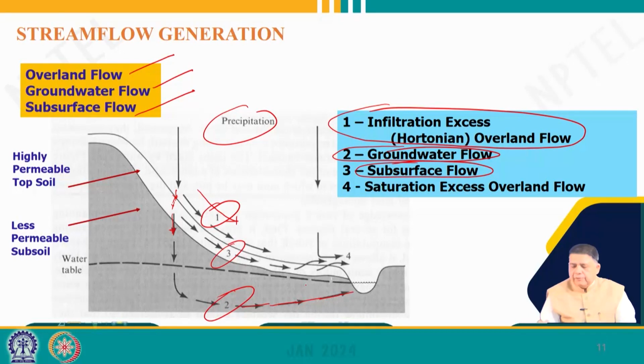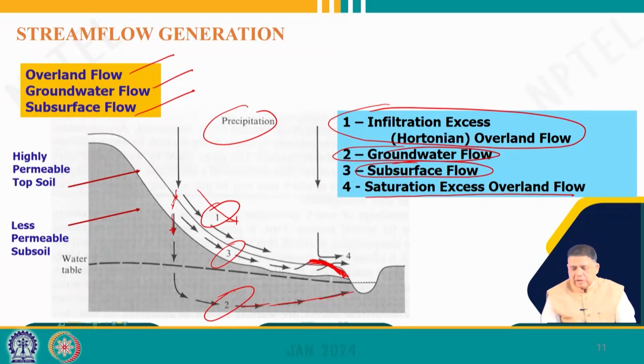And then of course, the fourth type of flow is saturation excess overland flow, and that happens basically near the foothills. As you can see, the groundwater comes to the surface, or a part of the subsurface flow or interflow reappears on the surface, so that the ground surface gets saturated.